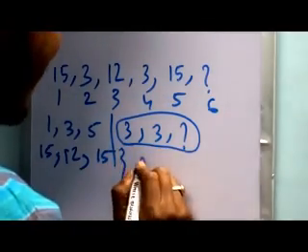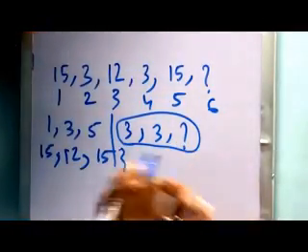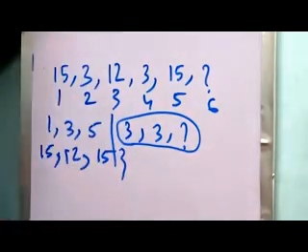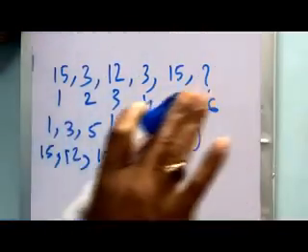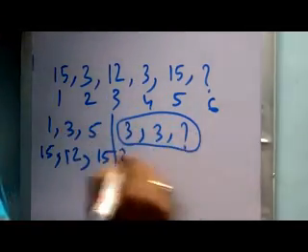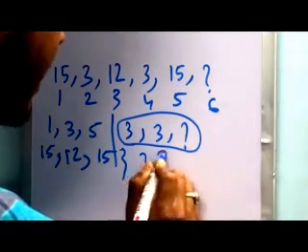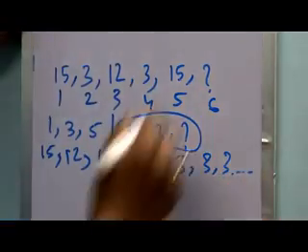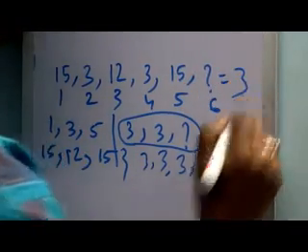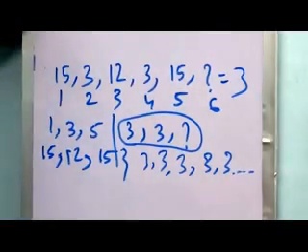So what we can see is that the number is not actually changed. As long as you continue, it remains constant. 3, 3 and 3 and 3 and so on. So the question mark will be replaced by the number 3.